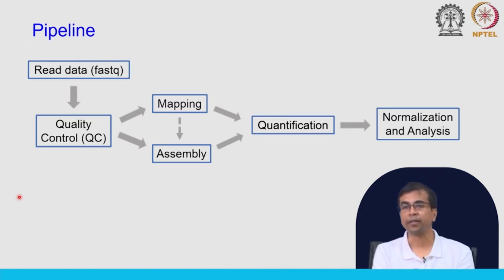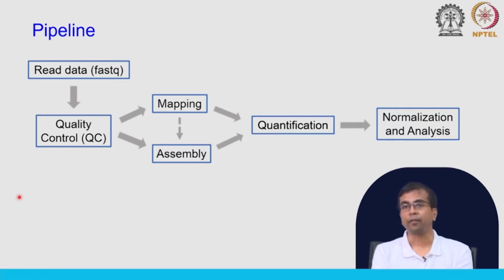Some of these biases can be addressed computationally using different techniques. There are different types of normalization methods, and each method has its own advantages and drawbacks. We will talk about that, and we will utilize some of these normalization methods for our own analysis.